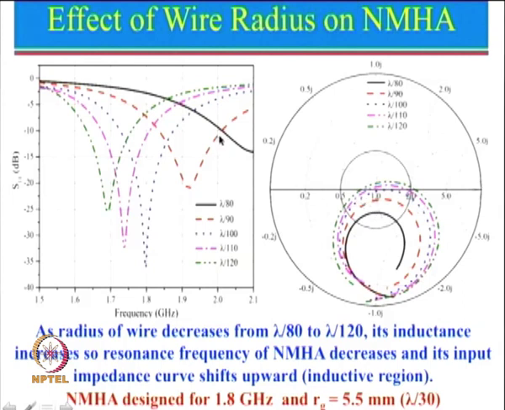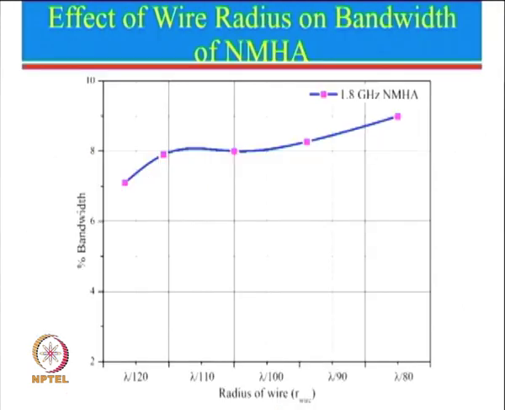So, now if we want a larger bandwidth, then we need to optimize this particular configuration. Let us see how the bandwidth varies. Here is the effect of wire radius on the bandwidth of the normal mode helical antenna. This is the percentage bandwidth along this axis and this is the radius of the wire.